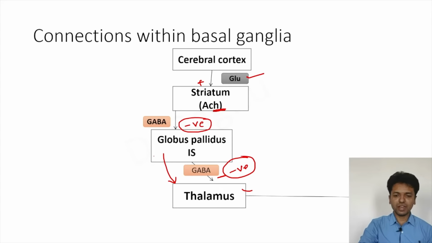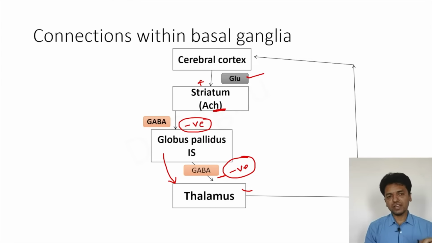Now from the thalamus, the output goes to the cerebral cortex. That's why I told you in the initial part of this class that the basal ganglia receives inputs basically from the cerebral cortex, and the basal ganglia also sends outputs to the cerebral cortex.